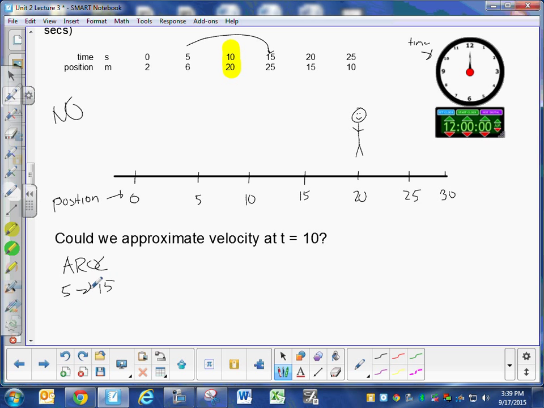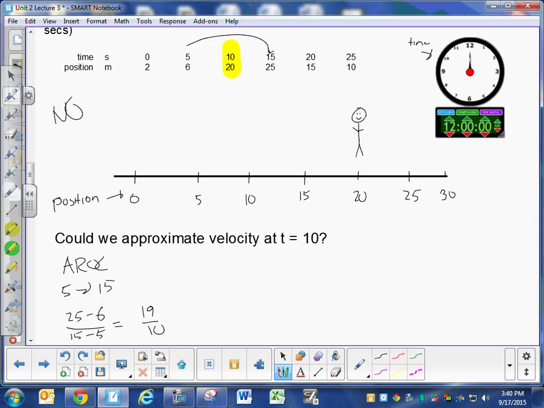So I can just take the average rate of change of this, 25 minus 6, and divide it by 15 minus 5. And I get 19 over 10. Okay? There's an approximation. Is there another approximation I could do?